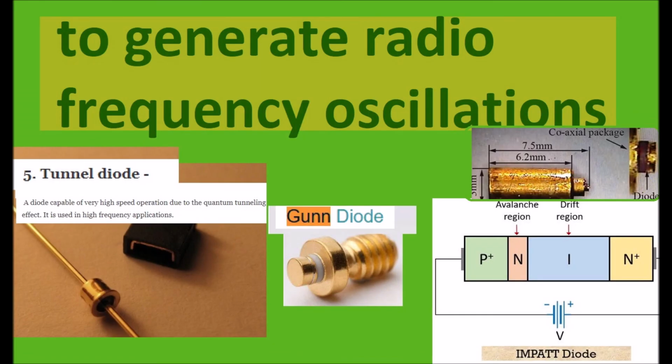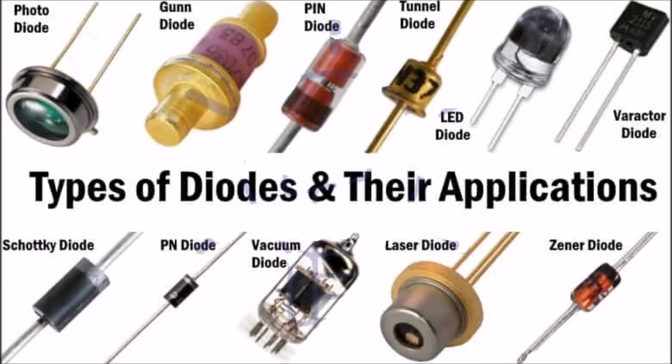Tunnel, Gunn, and IMPATT diodes exhibit negative resistance, which is useful in microwave and switching circuits. Diodes, both vacuum and semiconductor, can be used as shot noise generators.